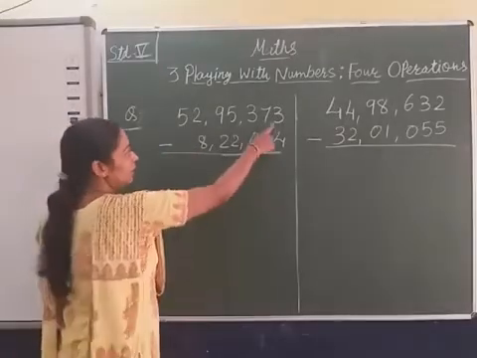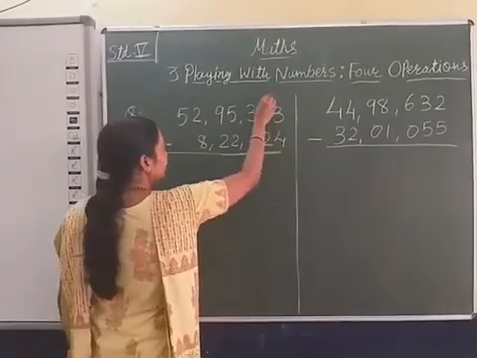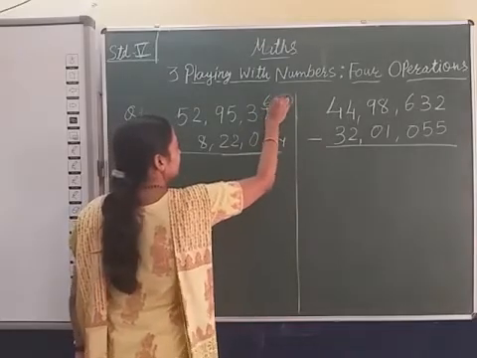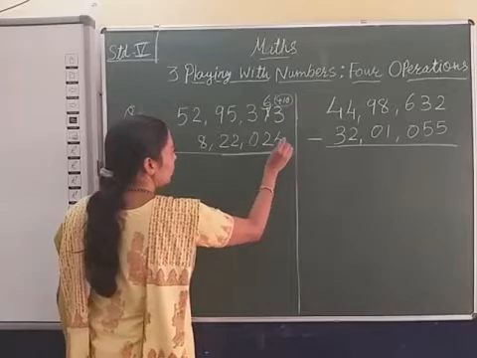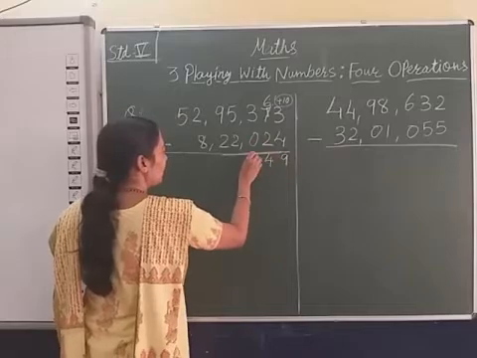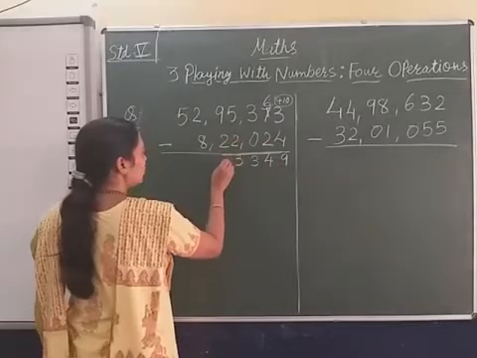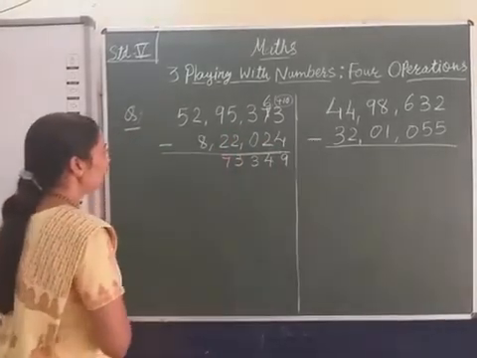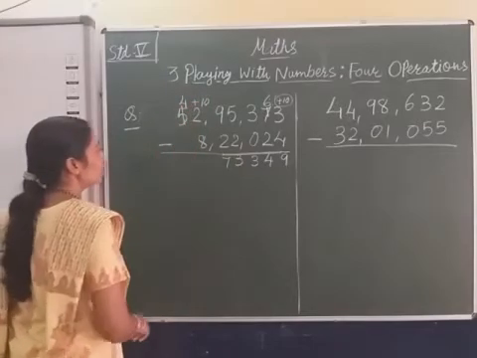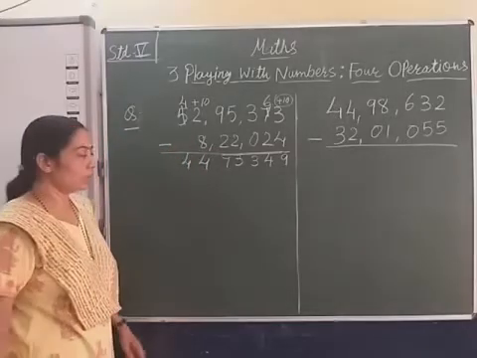Now let me start. 3 minus 4, not possible, we borrow from the tens place. So 13 minus 4, 9. 6 minus 2, 4. 3 minus 0, 3. 5 minus 2, 3. 9 minus 2, 7. 2 minus 8, not possible, so we borrow, plus 10, so 12 minus 8, 4 and 4 minus 0, 4.